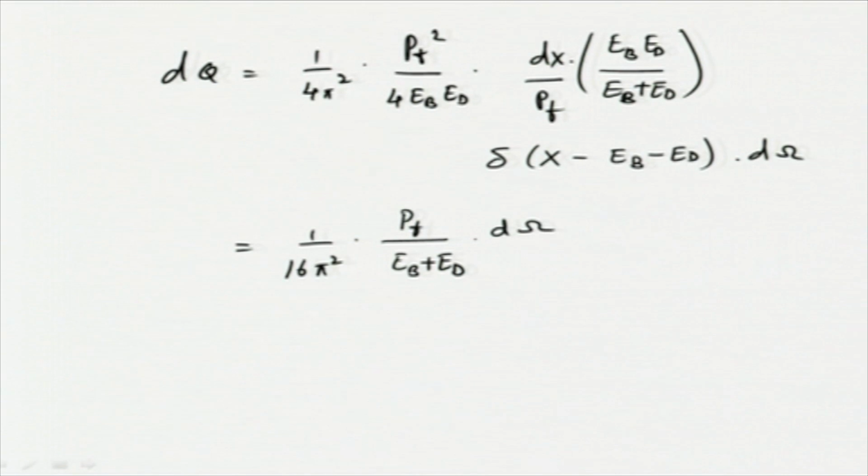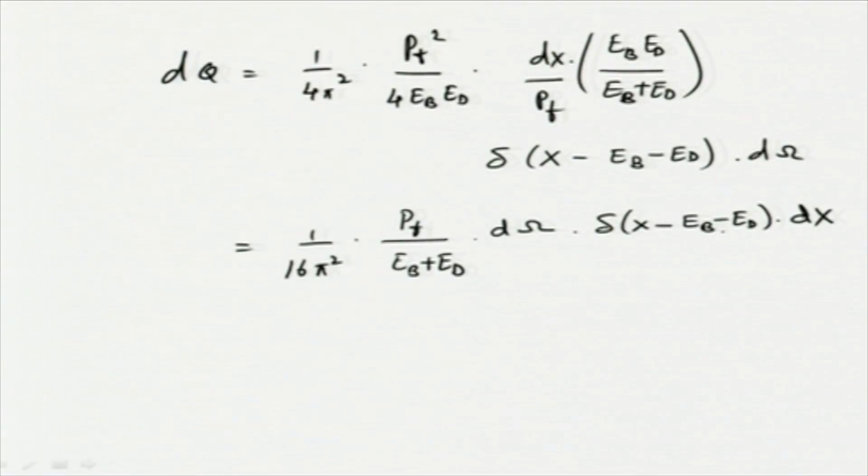And let me take the d omega along with this, and you have the delta function and integration over dx. Again, if you look at the last two factors, delta function and dx integration, you can integrate over dx, this new variable that we have defined.